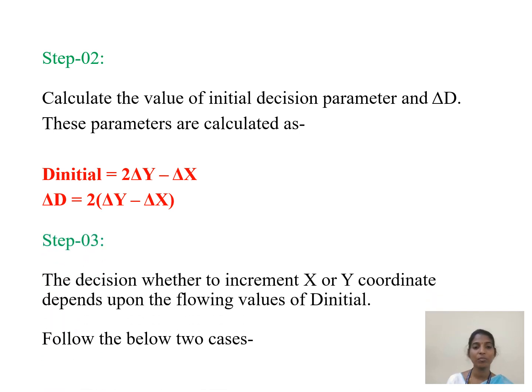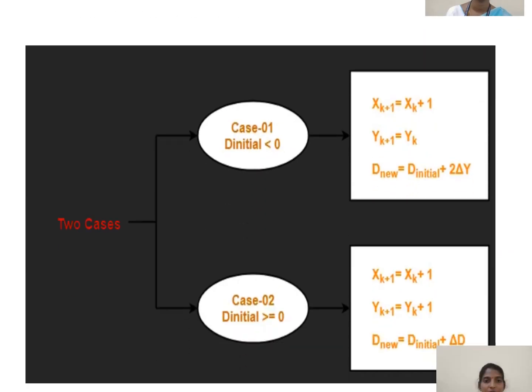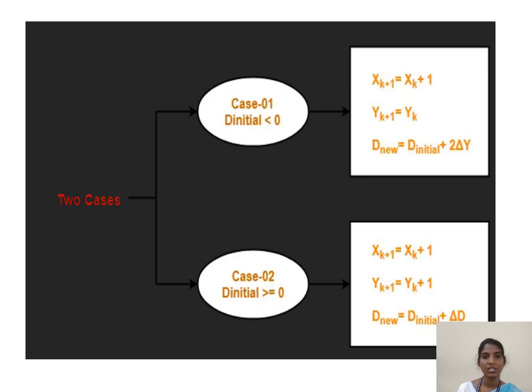Step 3. The decision whether to increment the x or y coordinate depends upon the following values of d initial. Follow the below two cases. There are two cases in the decision parameter.